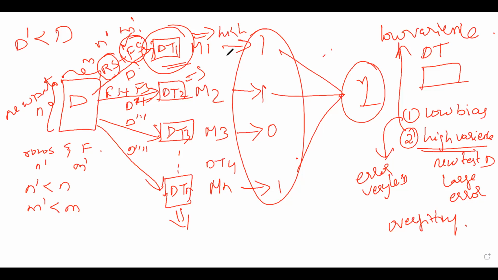Now, one more advantage we need to understand. Suppose we have 1,000 records in the data set D. Suppose we change or update 200 of those 1,000 records. Will this change impact all the decision trees in the random forest? We are doing row sampling and feature sampling for each decision tree.